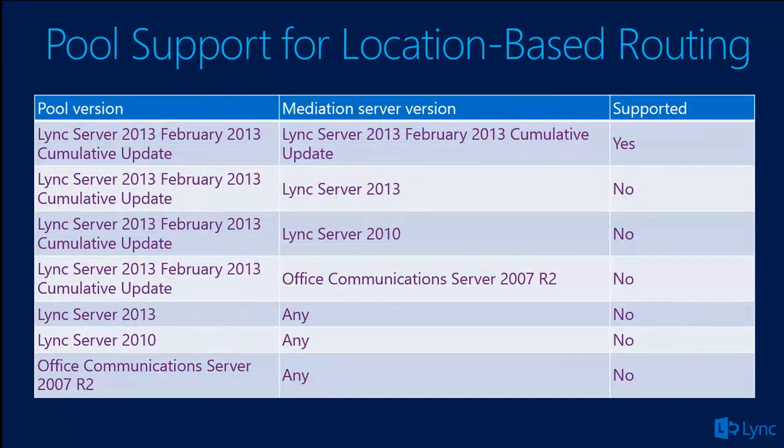So if you have a Lync Server 2013 that has the cumulative update from February, then location-based routing is supported. Otherwise, it is not supported. If you have it, just update it and you're fine. Otherwise, you may not get the PowerShell command to turn the flag on and off if it does not have the cumulative update.